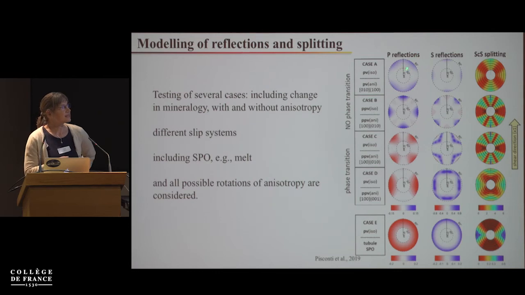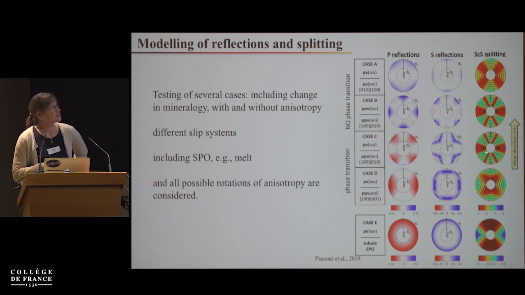What you can see is that the P-wave reflection coefficient changes between all these different models. And the S-wave reflection coefficient also changes. And the ScS splitting is also different for all these different models because there are different slip systems. So here you have the same slip system, so the ScS splitting is the same. But the reflections change. Yeah?